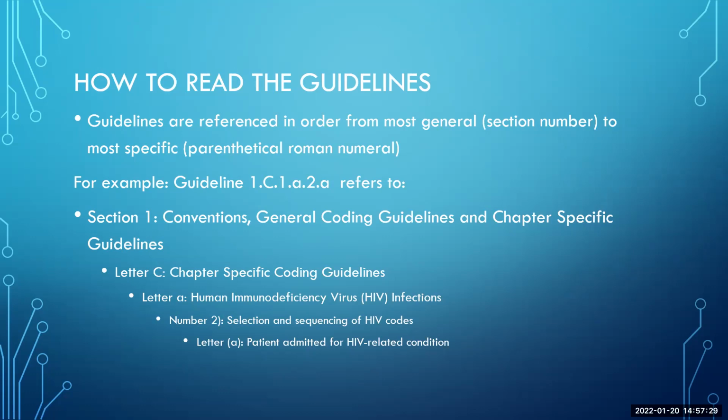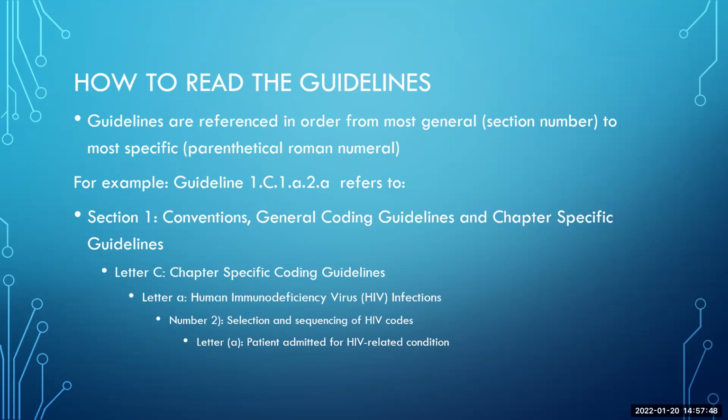We go from most general to most specific. We start with the very general section and get all the way down to sometimes parenthetical Roman numerals of specificity, very specific coding guidelines for a certain situation.